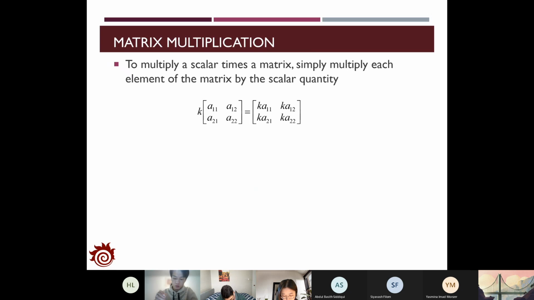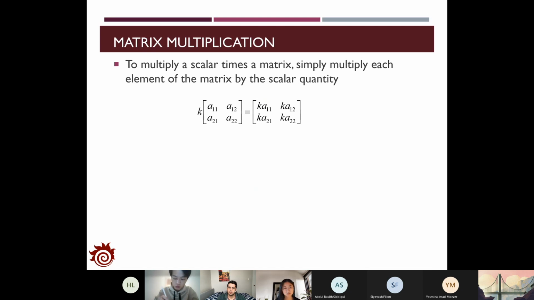And the next thing is the multiplication. It's a little bit more complicated for the matrix operation. The multiplication can happen between a scalar number and a matrix. It can also happen between two matrices. I will go through them one by one.